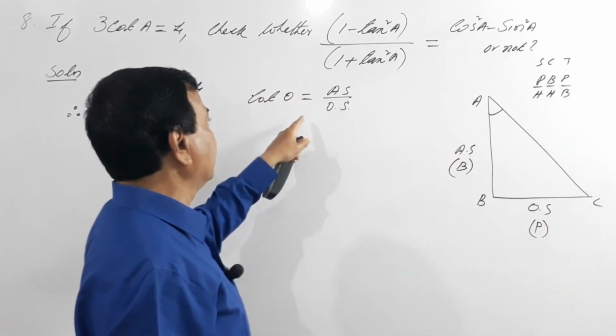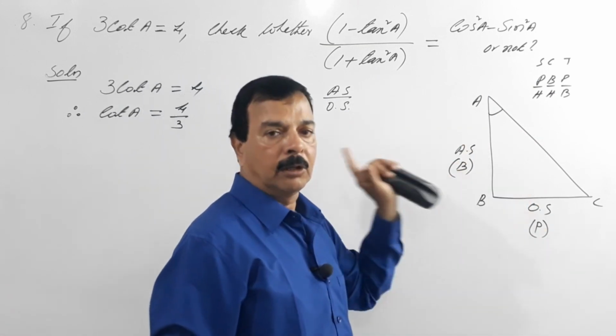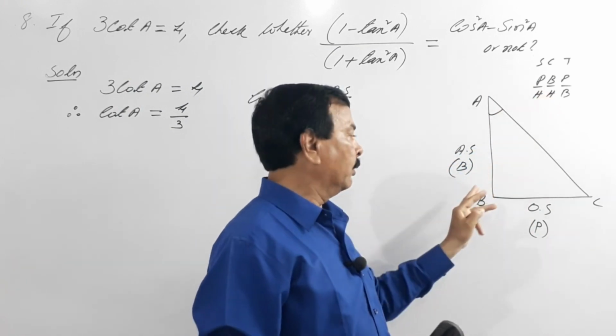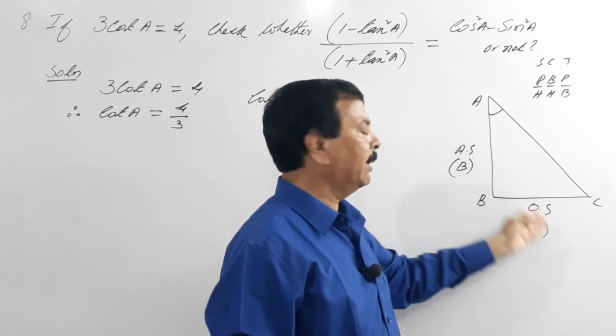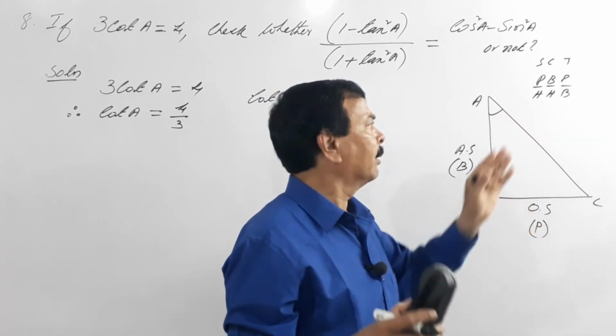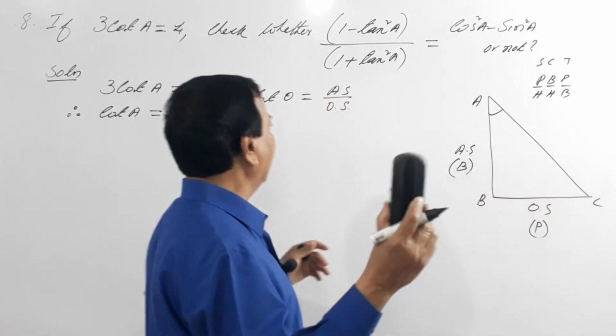Straight away I have used this. I know what is cot theta. Cot theta is adjacent side by opposite side, because you shouldn't rely upon the mnemonic. You have to rely upon the very simple adjacent by opposite side. Why all this going around the book, Pandit Badri Prasad and all those things? Straight away you are Pandit, so you behave like a Pandit.